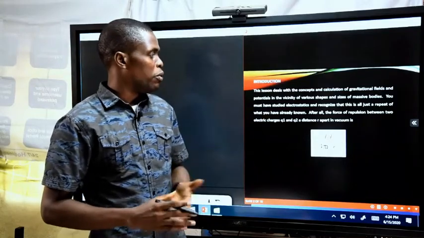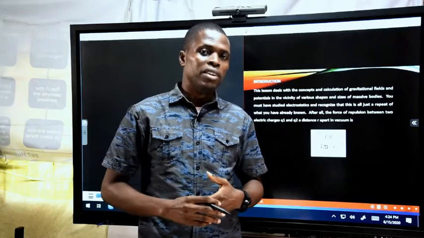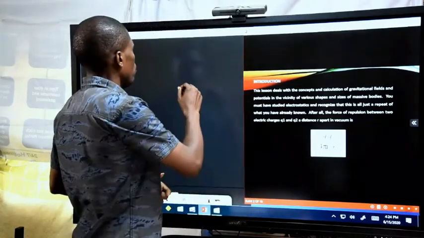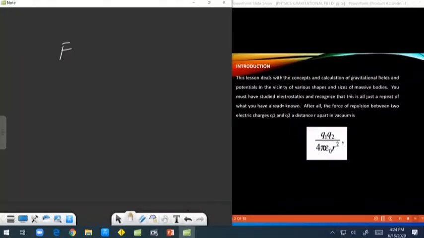Okay, and if you remember from the law that we have learned, that is based on Coulomb's law of electrostatics, we stated that the force of attraction or repulsion between two charges is proportional to the product of the charges, Q1, Q2, and inversely proportional to the square of their distance apart.